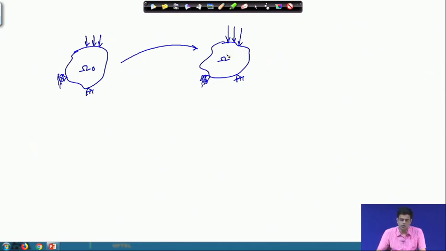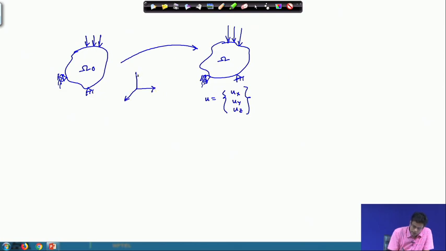Now, what do we measure about this deformation? Essentially we are interested in knowing what is the deformation, that means what is the displacement. In true sense, it is ux, uy and uz say. So, we are interested in knowing the displacement vector. If I consider this is a 3-dimensional plane, so x, y and z coordinate system, we are interested in finding out this displacement.